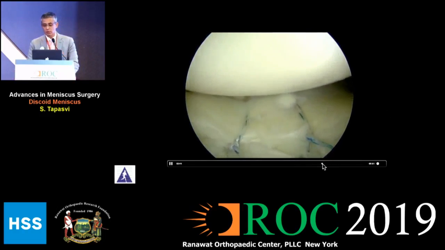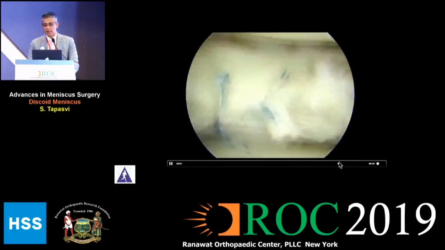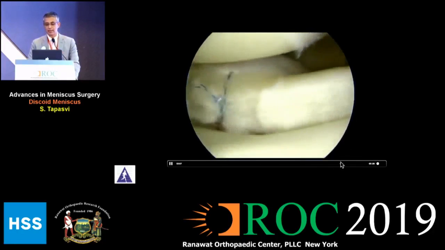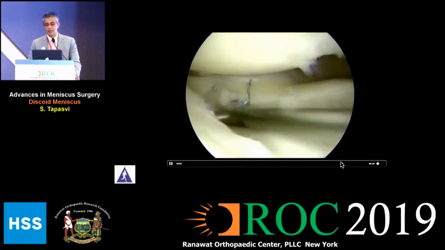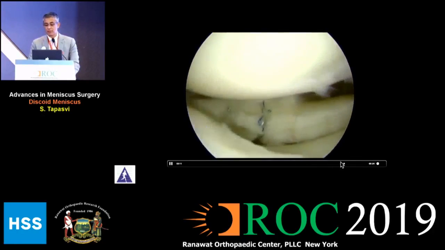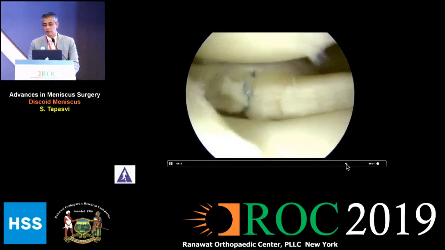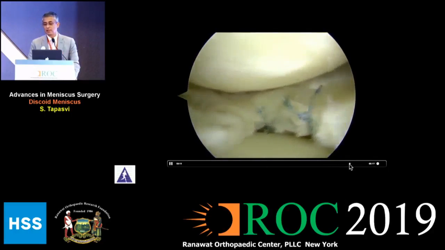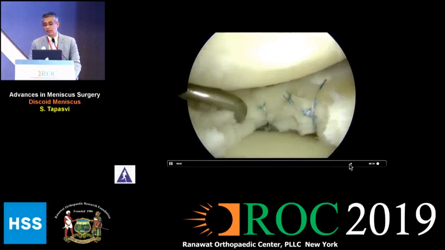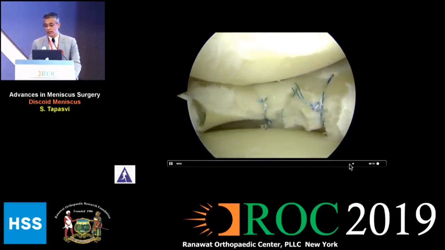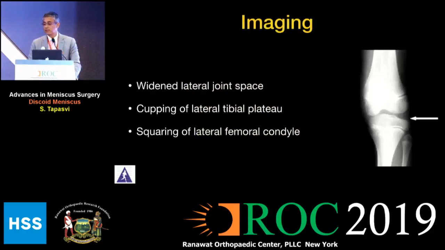So in the end, what you would want to see is something like this, in which you've created a nice rim of the meniscus which is completely stable. You've not impaled the popliteus, and this is a view of the same one from an anteromedial portal looking at a properly repaired discoid meniscus.